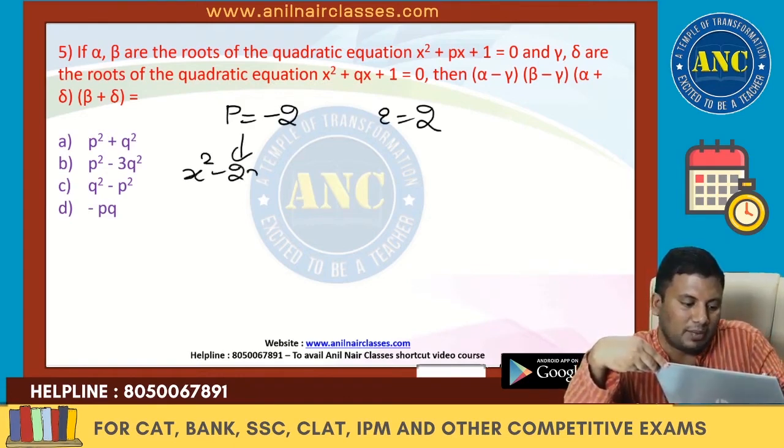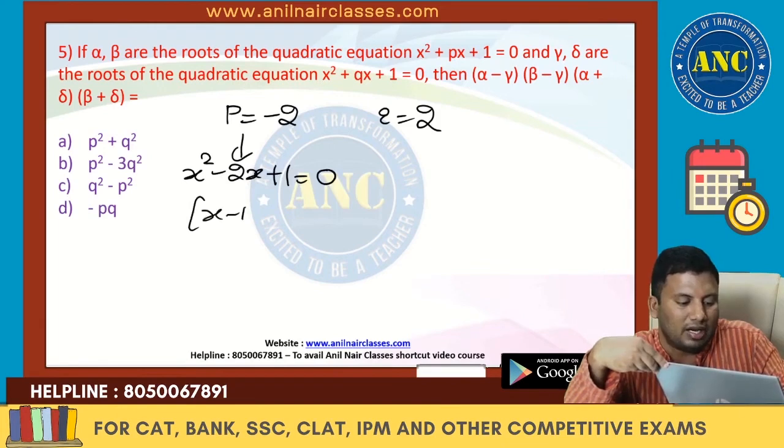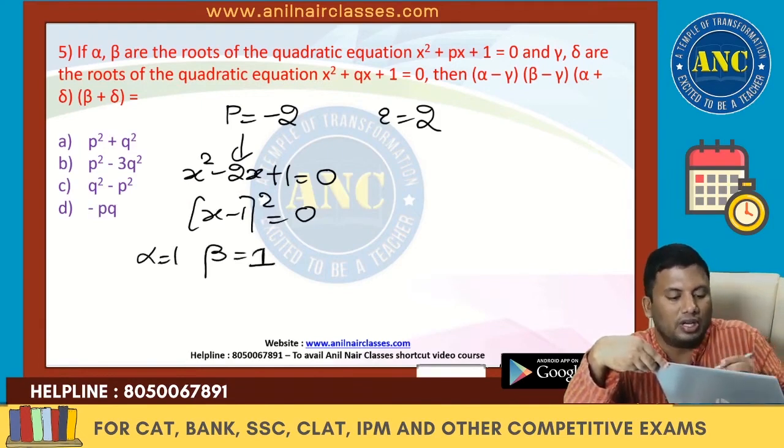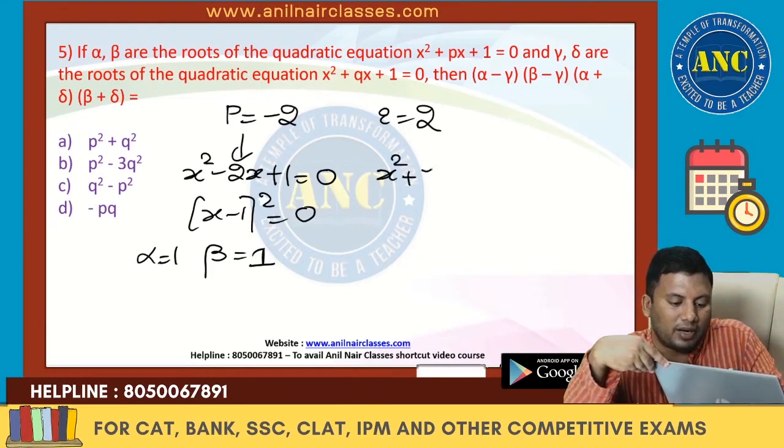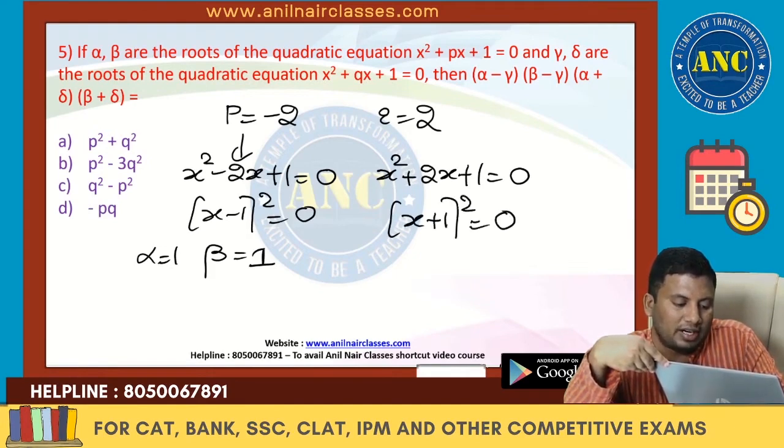X square minus 2x plus 1 equivalent to 0, x minus 1 whole square equivalent to 0. Alpha is 1, beta is 1. Q is 2, x square plus 2x plus 1 equivalent to 0, x plus 1 whole square equivalent to 0. That means gamma is minus 1, delta is minus 1.